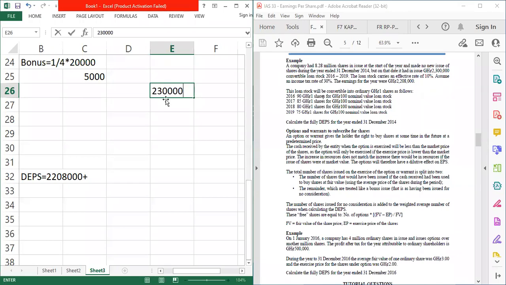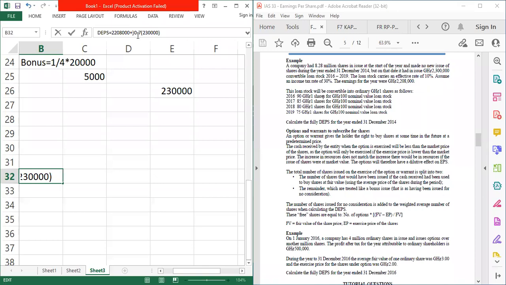Yes, that is overall, but this interest will not be allowed for tax again. So we find after tax interest savings. The tax rate is how much? 30%. So 30% tax, after tax will give us what? 70%. So we find 70% of this. So it will be 0.7 multiplied by the 230,000, 161,000.